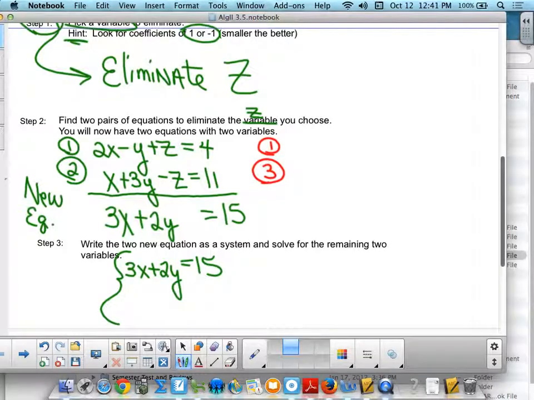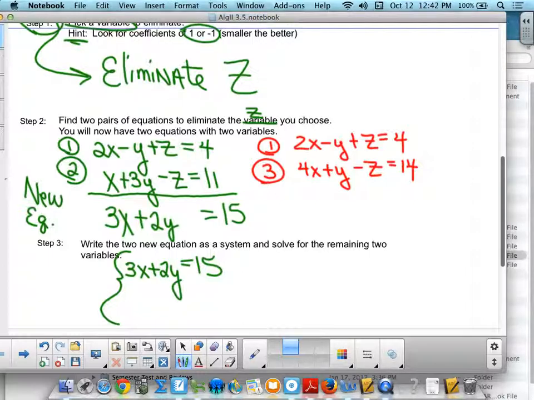Now 1 is right here, 2x minus y plus z equals 4. Now equation 3, you can't see it. 4x plus y minus z equals 14. Okay, thank you. All right, so add down because you've got opposites.